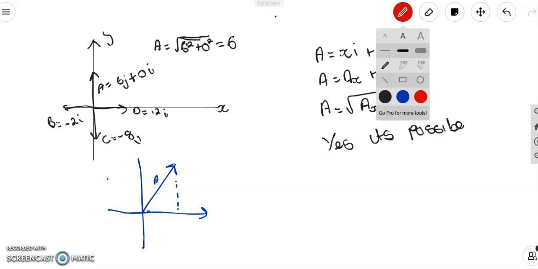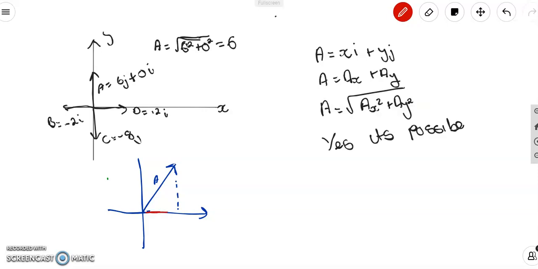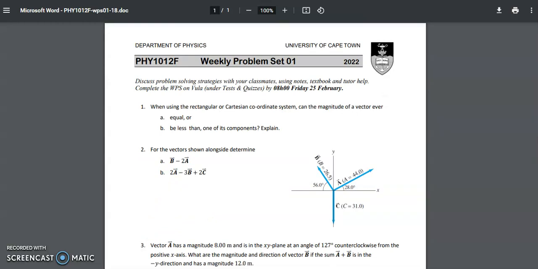The x component of my vector is this, what we have here is ax, and the y component of my vector is going up like this. It's ay. Great. And the question is, can the magnitude of the vector be less than one of its components?